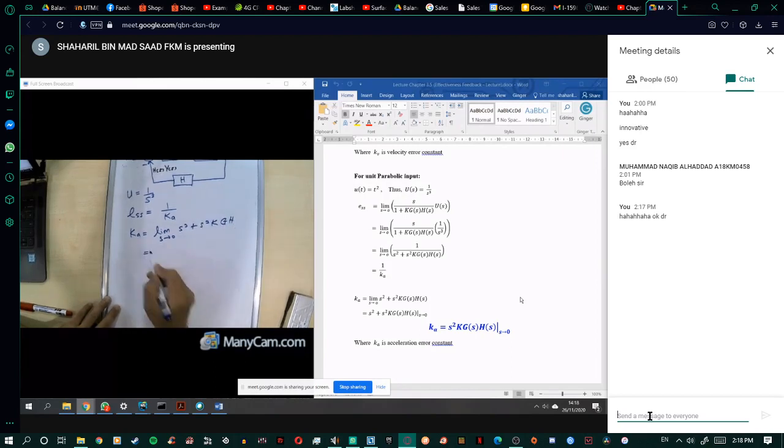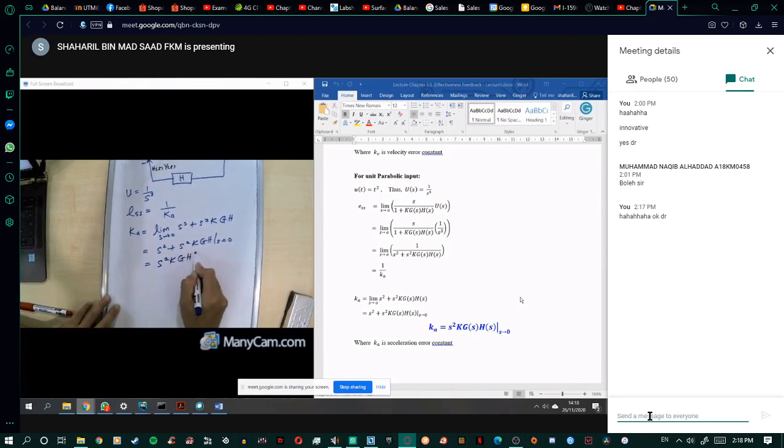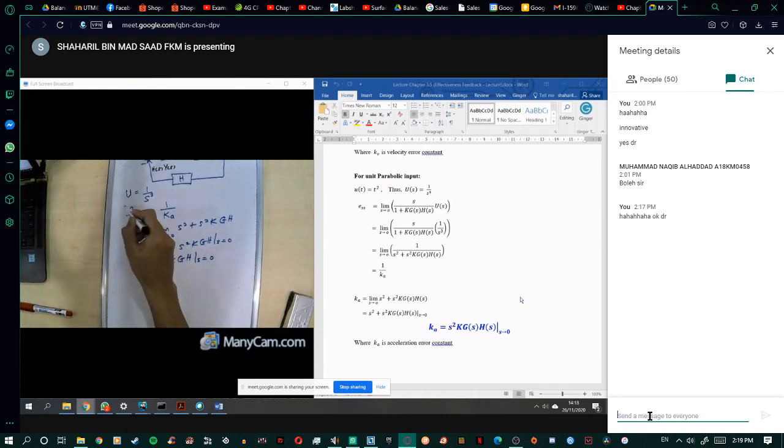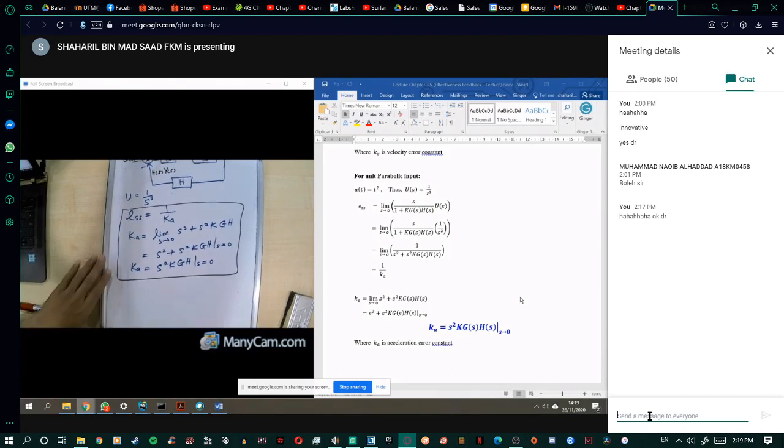In order to eliminate the limit, we set s equal to 0, and we assume that KGH is much bigger than the other term, so we are left with this, equal to 0. So when you have the parabolic input, you can also find the steady state error by using this formula.